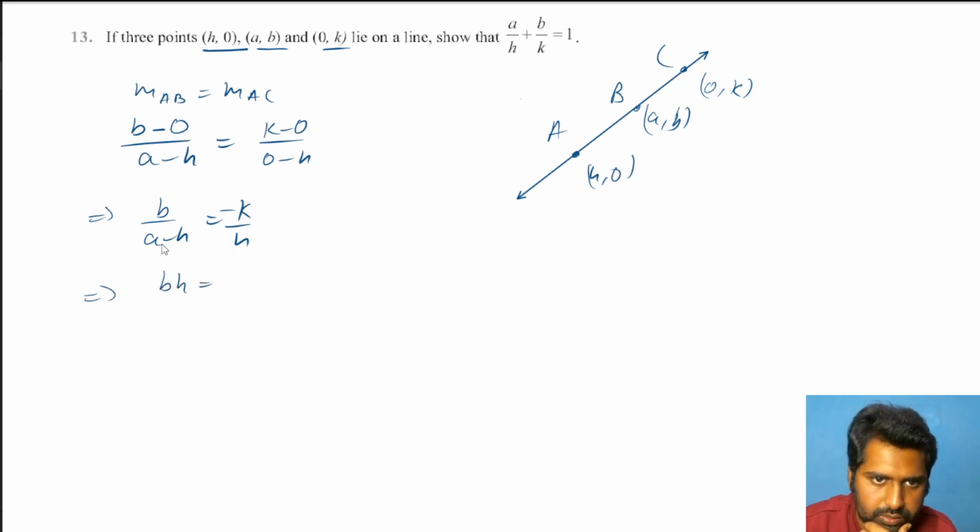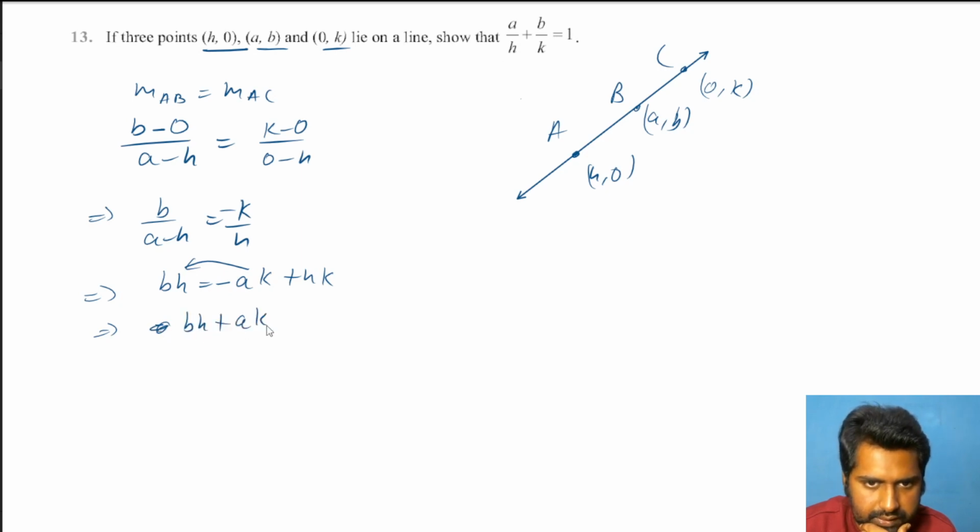bh is equal to minus ak plus hk. Somehow he's generating one point: a and b are on one side, h and k are also on one side. Let's take this one here, so at least everything is positive. So bh plus ak is equal to hk. Since the right side is 1 somehow, we have to generate it, and you can look through the options also.